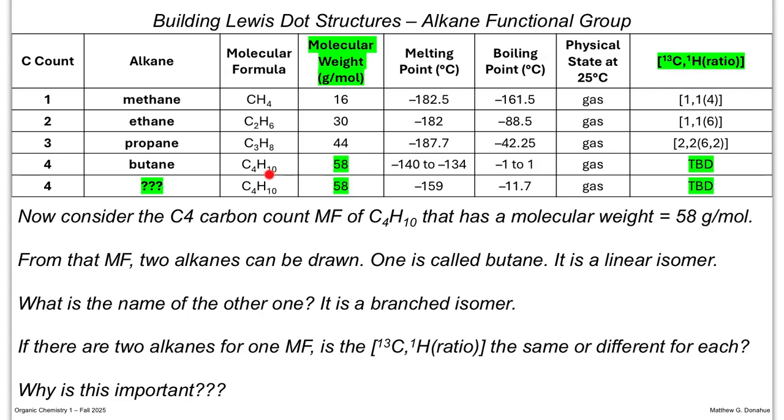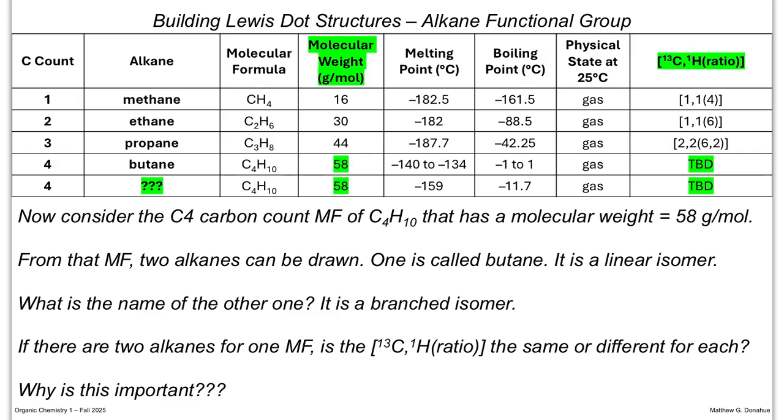The problem now is, within that molecular formula, there's the possibility of drawing more than one structural formula. So those are called constitutional isomers. They have the same molecular formula, but the connectivity of the atoms, in particular the carbons, can be different.